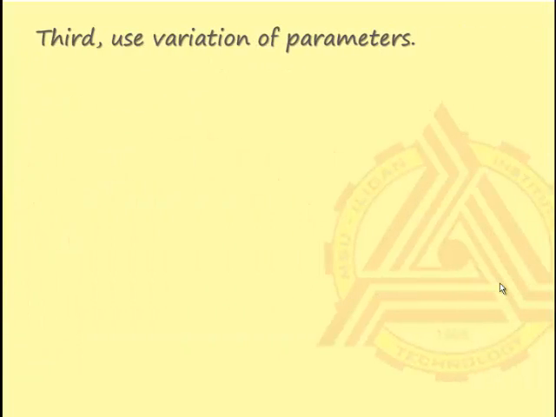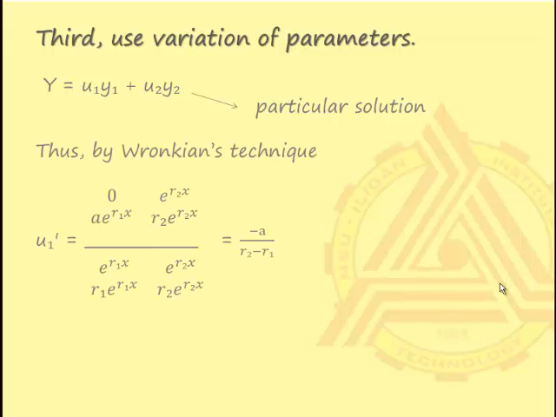And third, we use variation of parameters, and to find the particular solution we use this formula: y is equal to u1 times y1 plus u2 times y2.